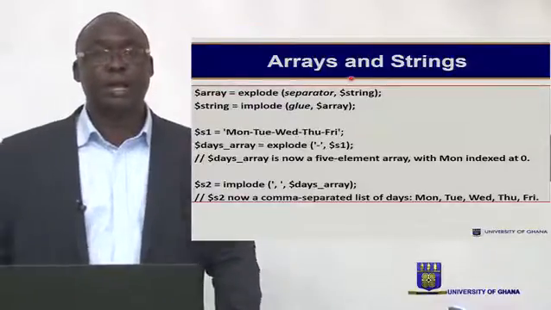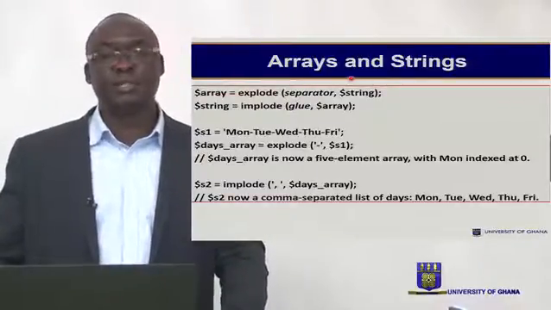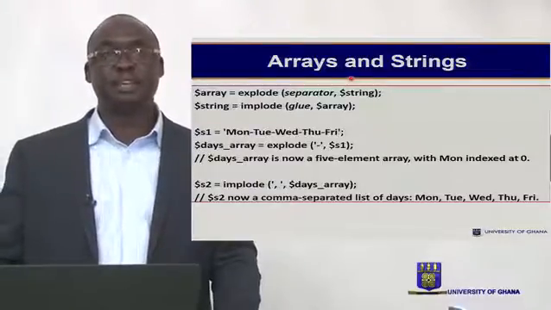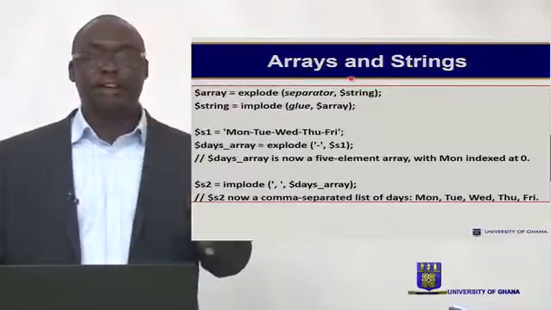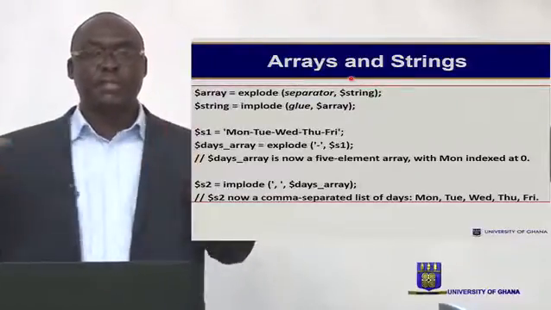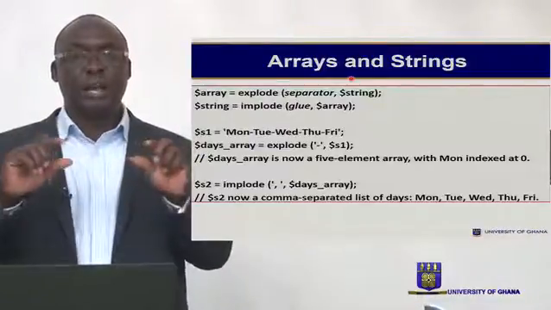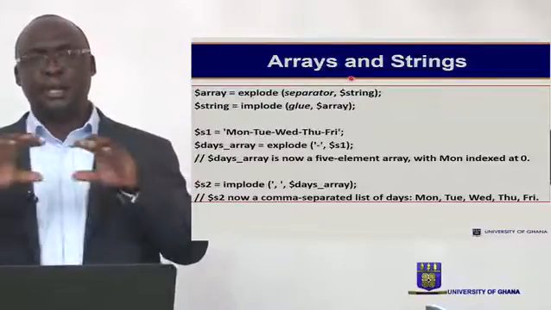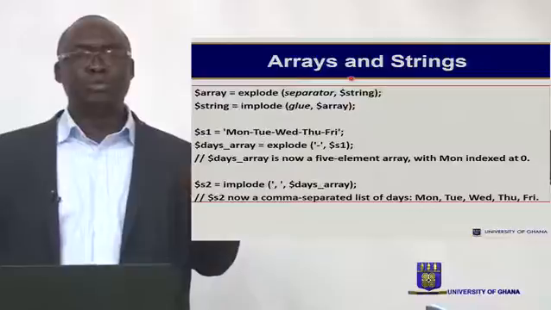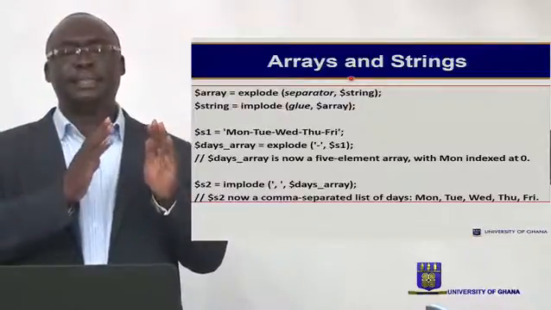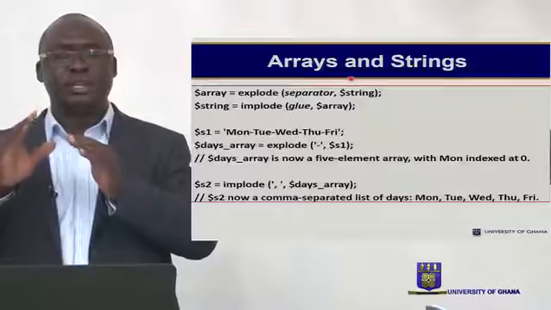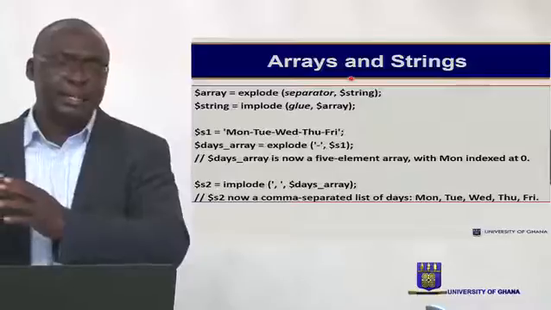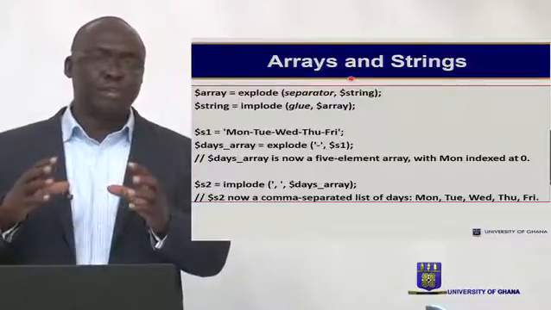And this particular explode and implode tool comes in handy here because you want to be able to have access to individual data on the file. So if you read a record, the record will come as a stream of one string made up of the user ID, the username, password as one string. But you want to be able to have access to the user ID as data, the user password as data, the username as data. Now to do this, the best way is to use explode.